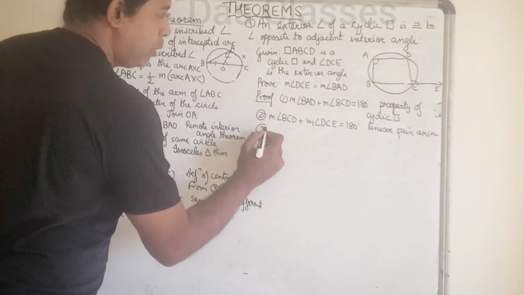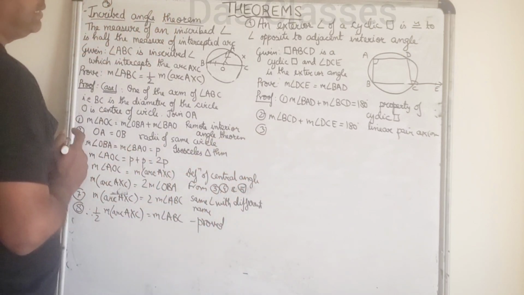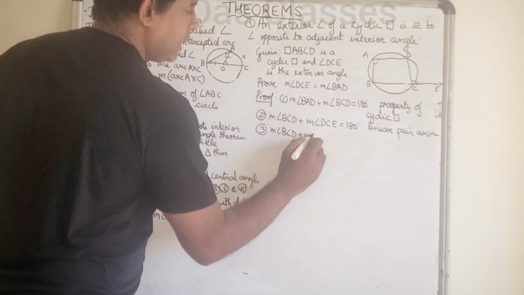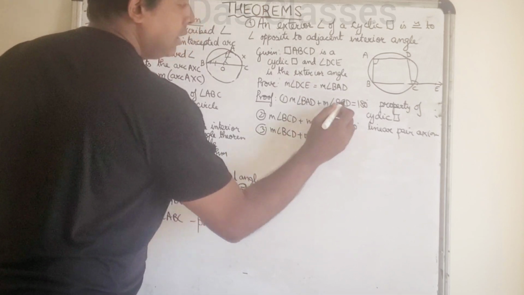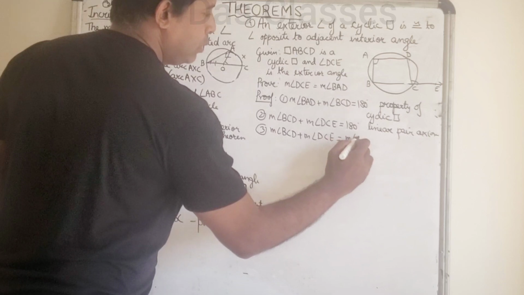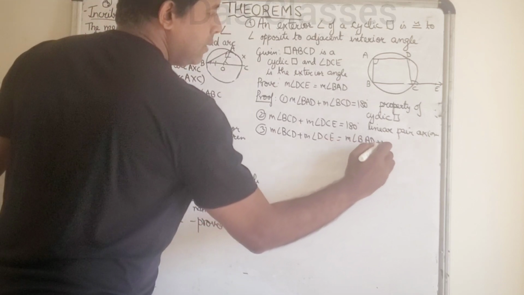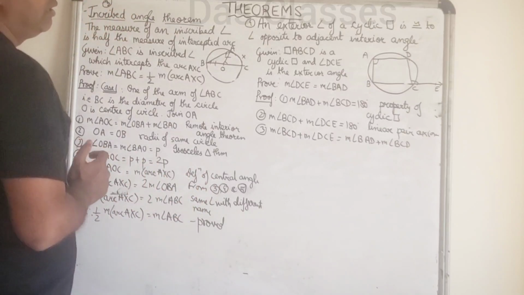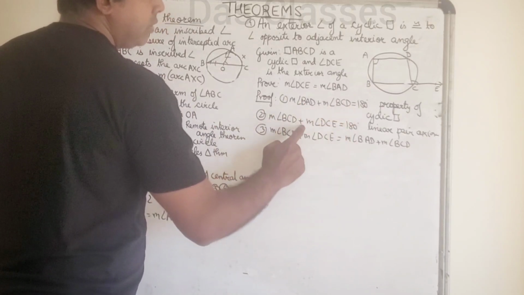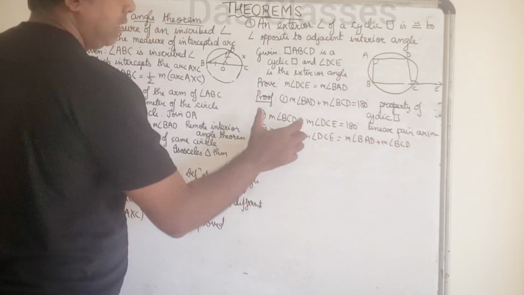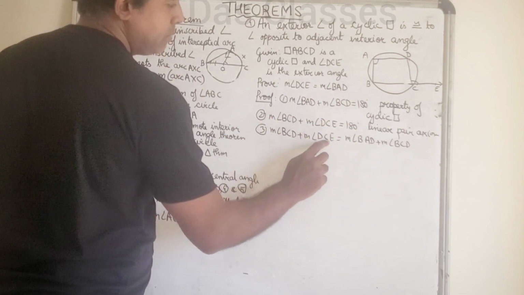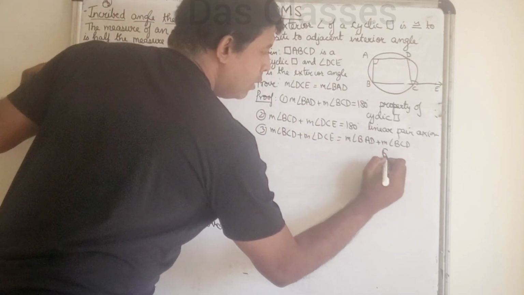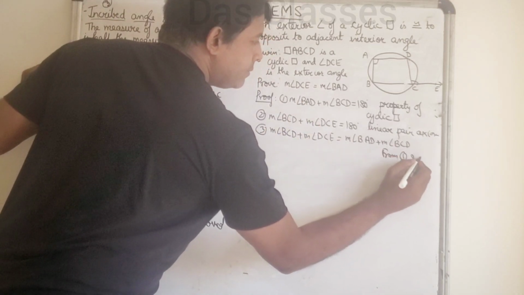So from statement number 1 and 2, what we can say is measure angle BCD plus measure angle DCE, this is 180, this is also 180, so we can write it is equal to measure angle BAD plus measure angle BCD. It is a property of transitivity. 1 is equal to 2, 3 is equal to 2, so we can say measure angle BCD plus measure angle DCE should be equal to BAD plus BCD from statement number 1 and 2.